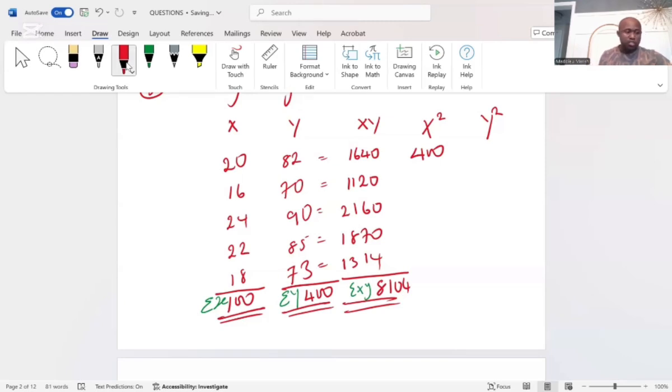And 16 square, 256. And 24 square, 576. Okay, 484, 324. This will give me my sum of x square, which is 2040.